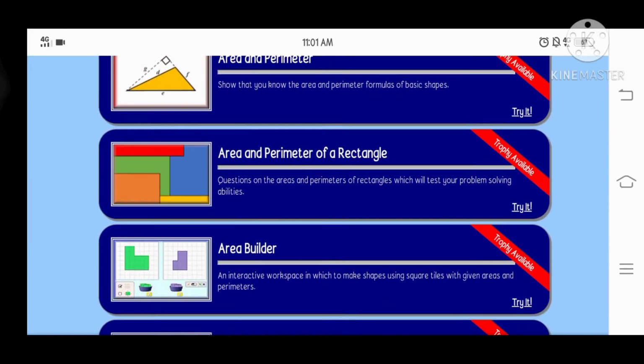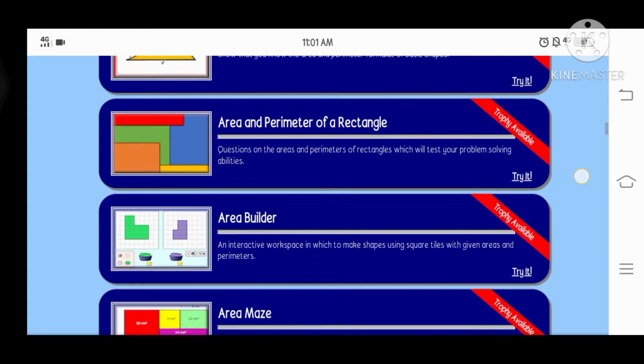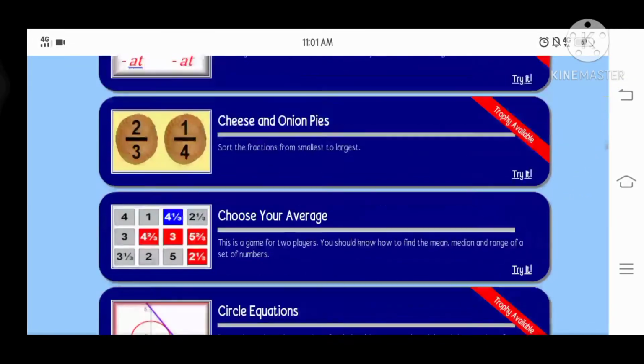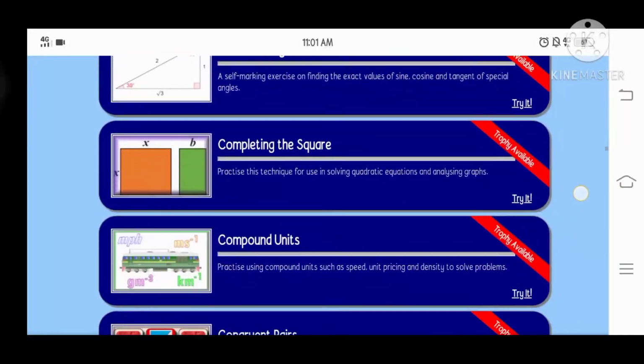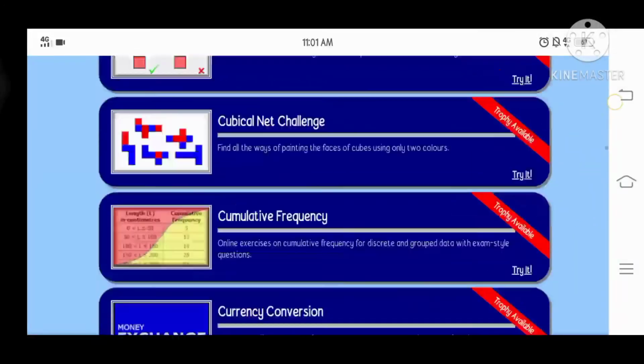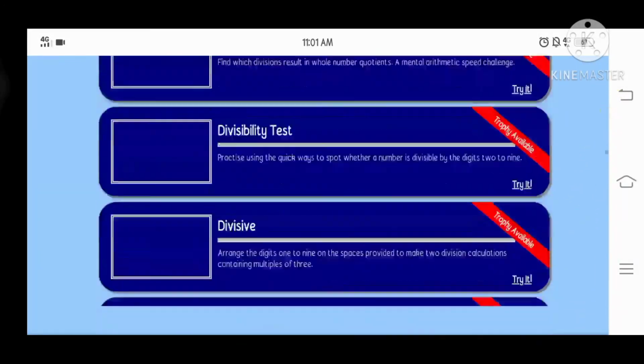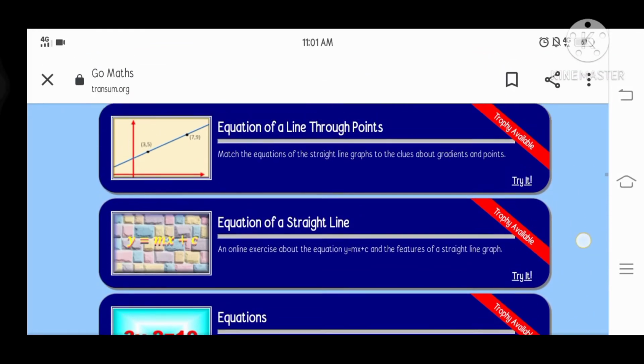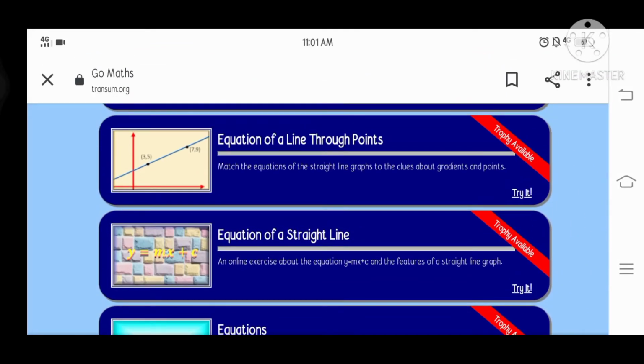So here it is. We have to find the equation of straight line, so we scroll down like this to find where the equation is. Here it is, the equation of the straight line.